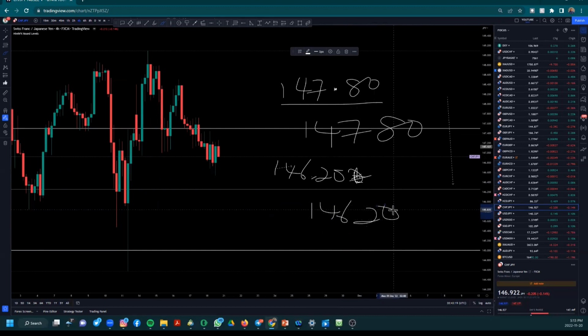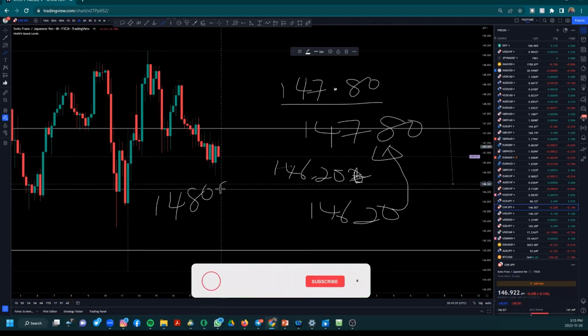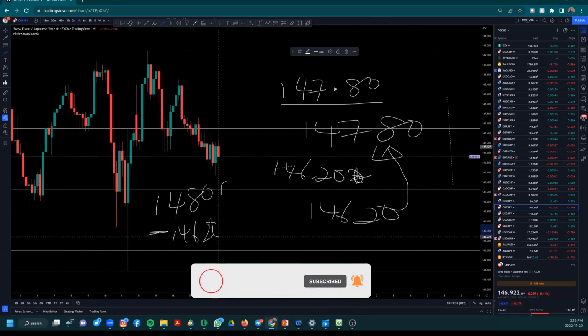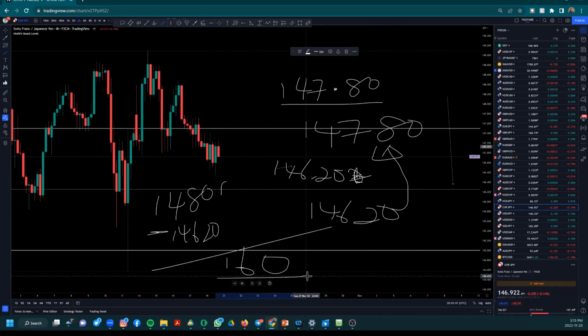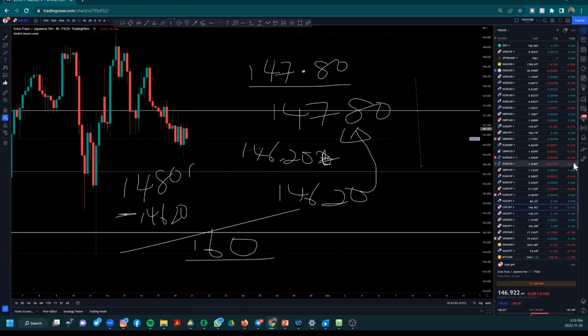You take the decimal point away, and then you subtract this value from this value. So 147.80 minus 146.20 gives you what? 160 pips. So it doesn't matter which JPY pair you are looking at. All you need to do is remove the decimal point and put it together as one value.